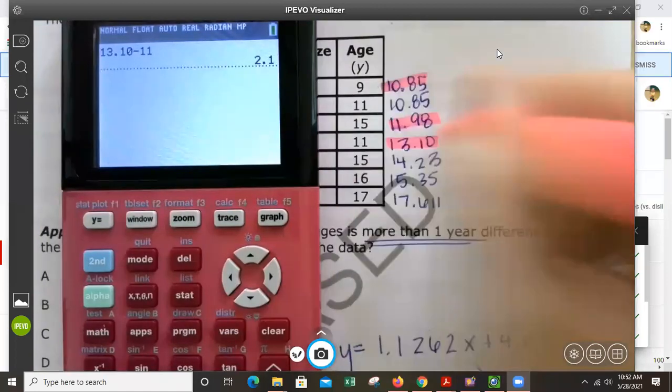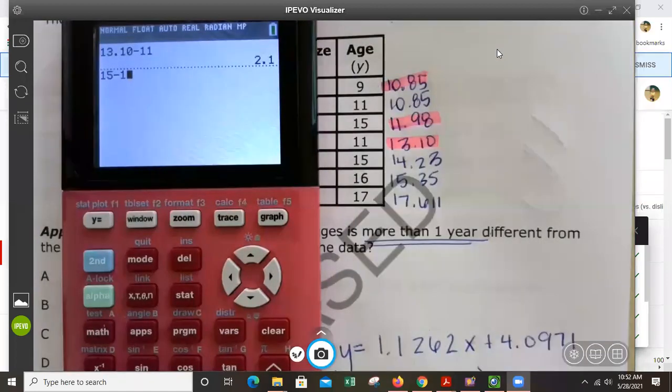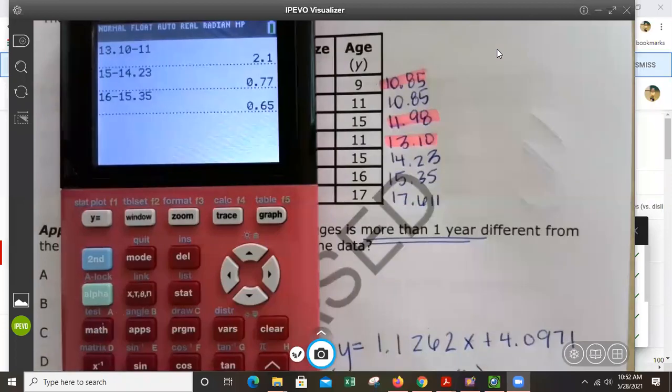Yes. 15 minus 14.23. Is that more than 1? So I'm gonna leave that one alone. 16 minus 15.35. Is that more than 1? Nope, leave that one alone. And then 17 minus 17.611. Is that more than 1? 0.6 is not more than 1. So I'm gonna leave that one alone.